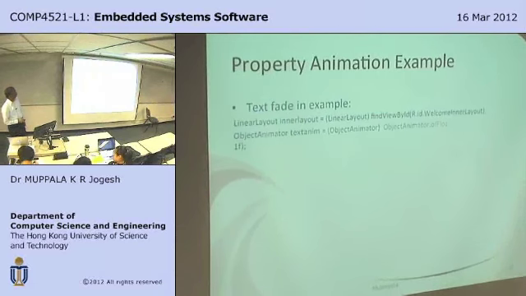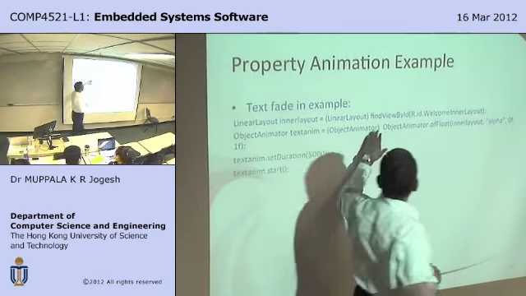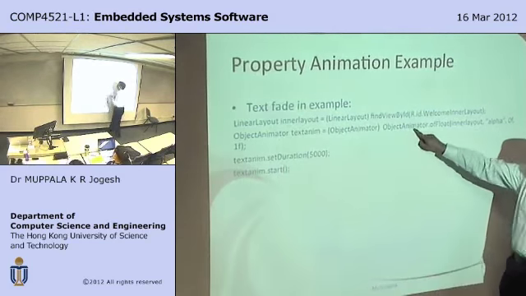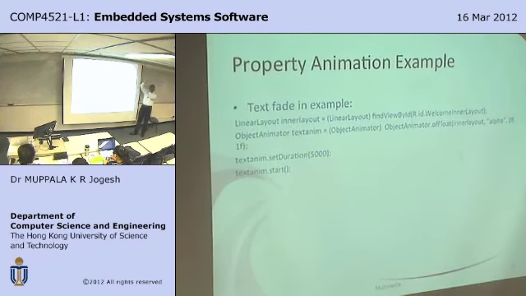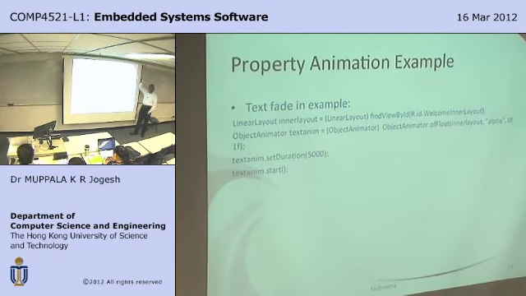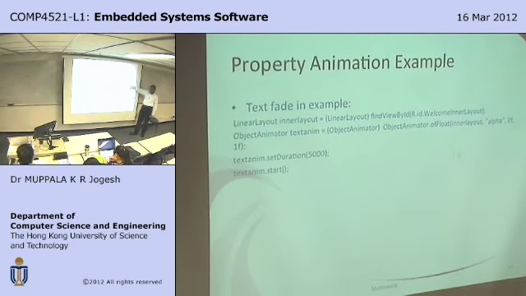The text fade in example now is done by using this code. A slightly different code. So what I do here is I declare an object, and this thing is equivalent to one of those pieces that I declared in the XML file. You can declare the same thing in XML. You can do the same thing in code also.